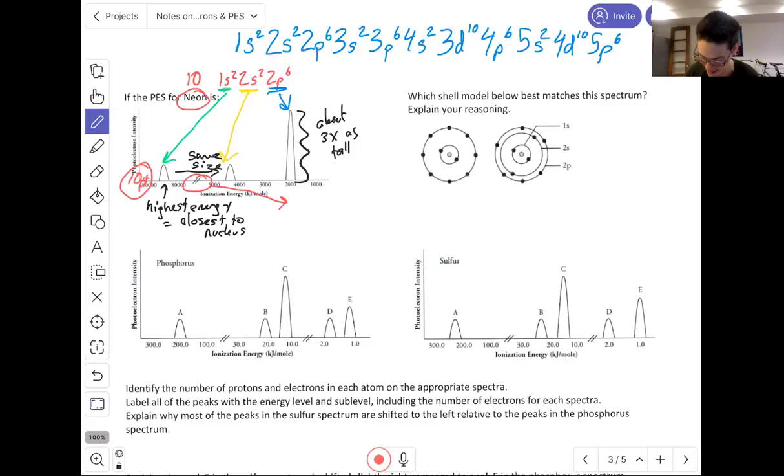But when you put that there, it's a break in the scale. So really, you've got 90,000, 80,000, and then you jump all the way down to 5,000. In reality, this second peak here, that 2s2, is way off the page to the right. But if we want to actually make a graph that will fit on the paper, we break the scale and condense it. There's just a huge gap there.